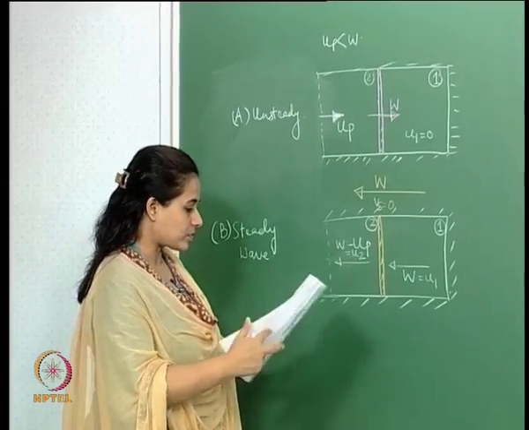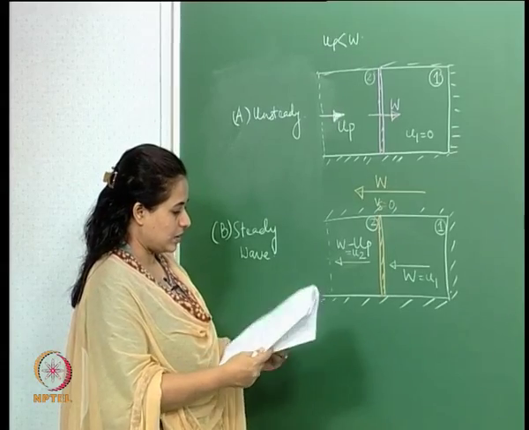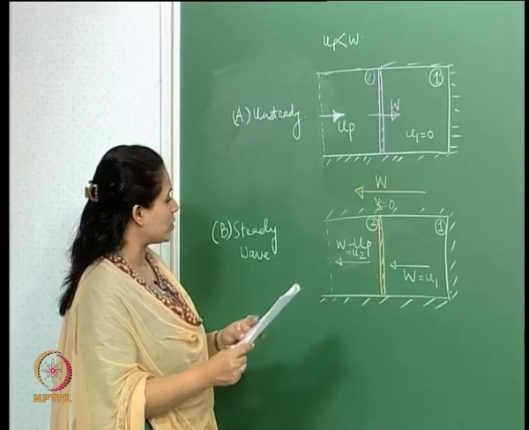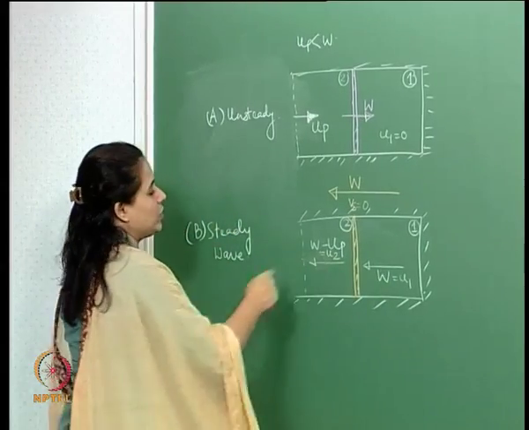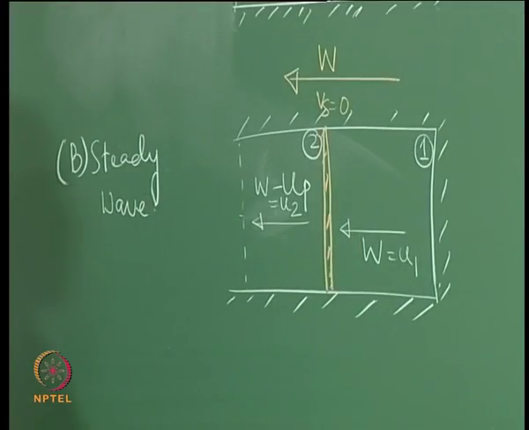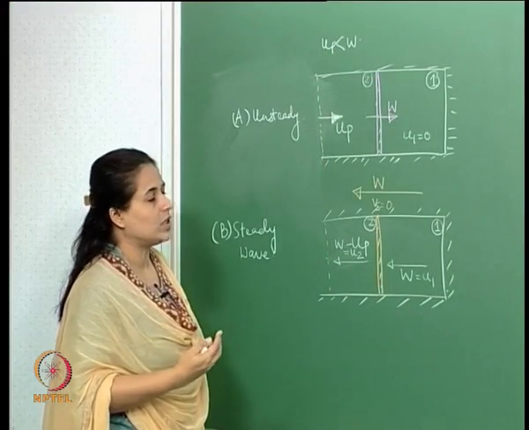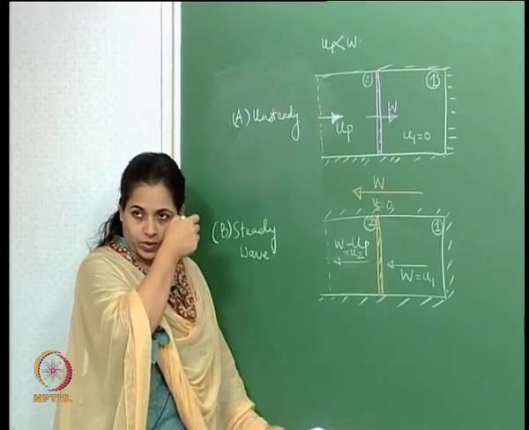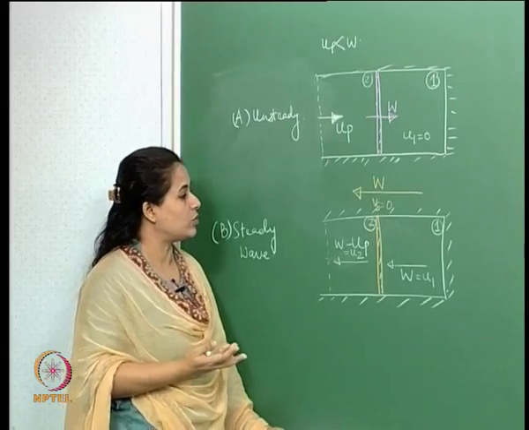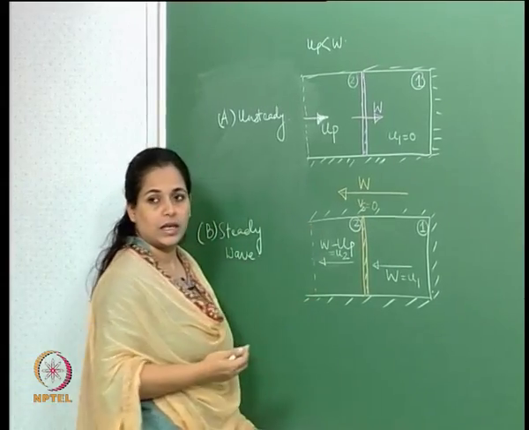So w1 is this, u1 is w, and u2 is w minus up. Using these we wrote out the three governing equations, and we were also able to write the Hugoniot equation, which turned out to be exactly the same for both these cases.